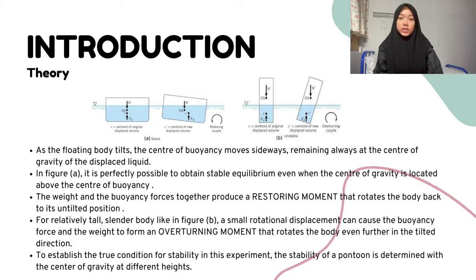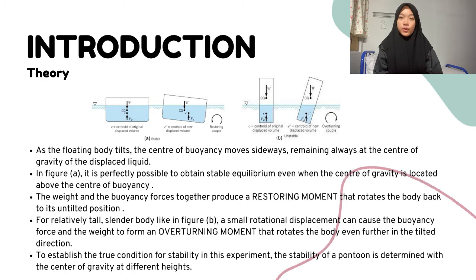In figure A, it is possible to obtain stable equilibrium even when the center of gravity G is located above the center of buoyancy. It is because the weight and the buoyancy force will together produce a restoring moment. The restoring moment will rotate the body back to its untilted position, to its original position.